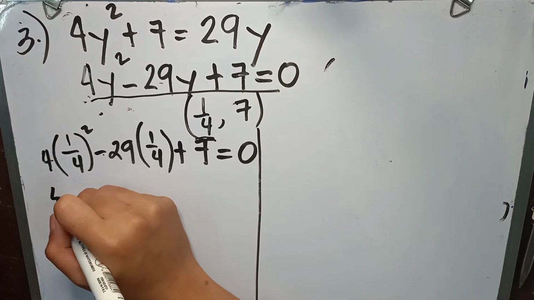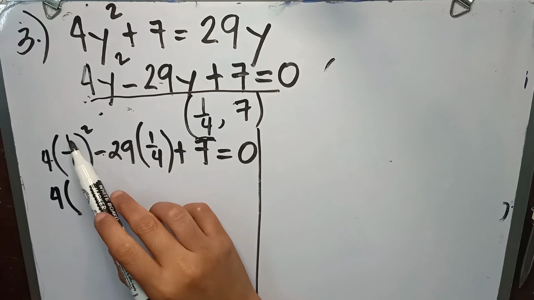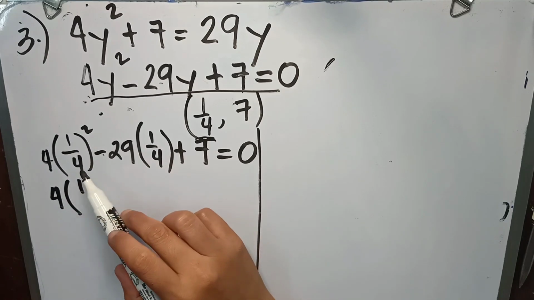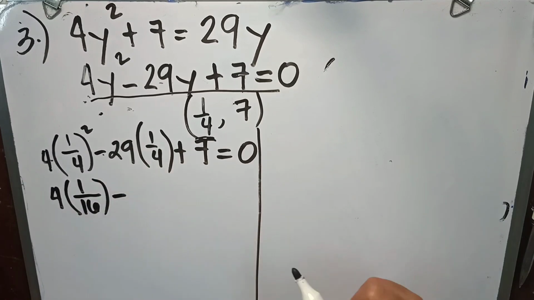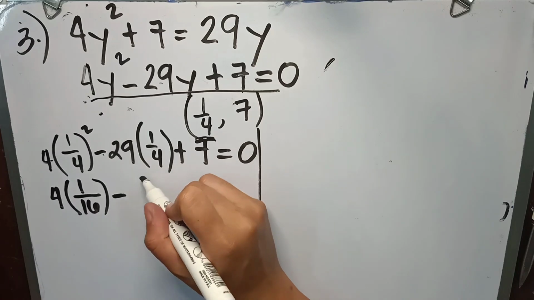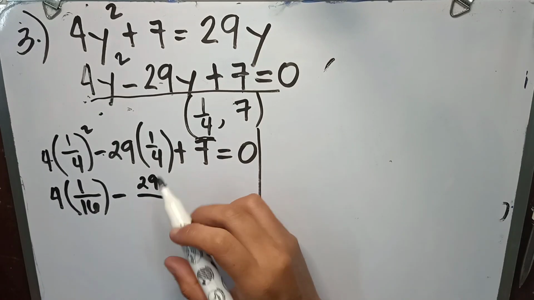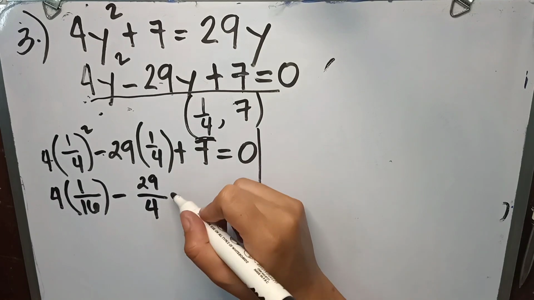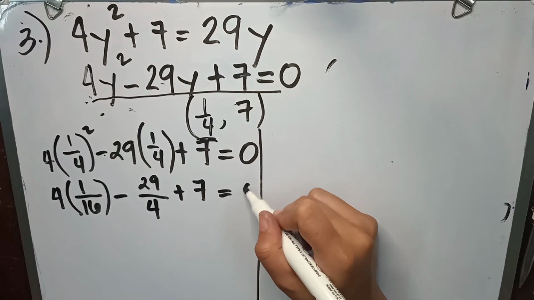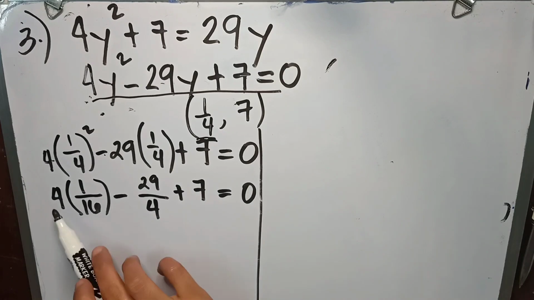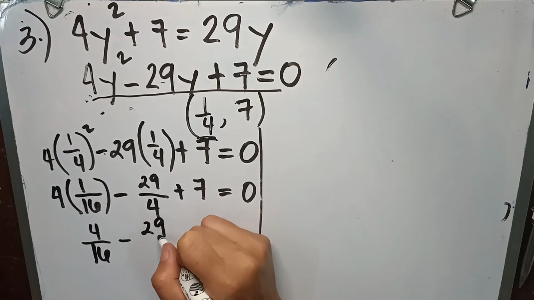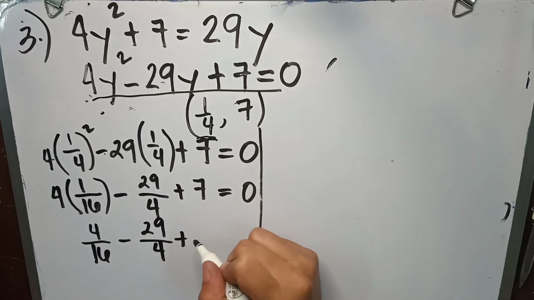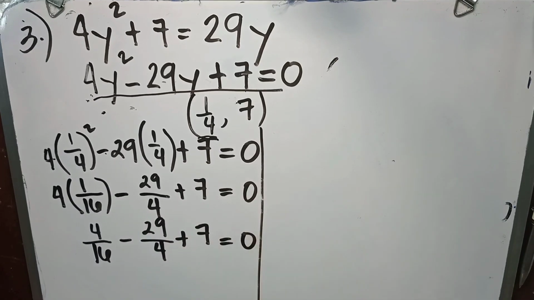Next, copy the 4. 1 times 1 is 1. 4 times 4 is 16. Minus 29 times 1 is 29. Then copy the denominator. Plus 7 equals 0. 4 times 1 is 4 over 16. Copy the denominator. Minus 29 over 4 plus 7 equals 0.